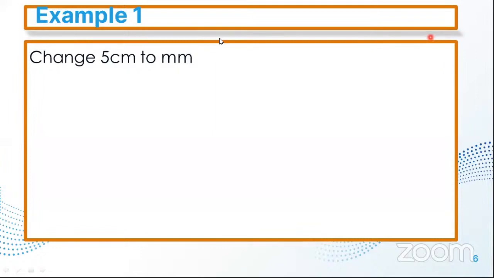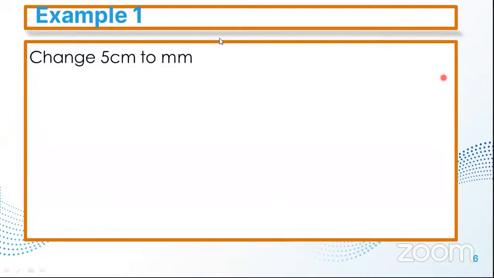Change 5 centimeters to millimeters. Very good for reading. Thank you for reading, Joseph, and your colleagues.